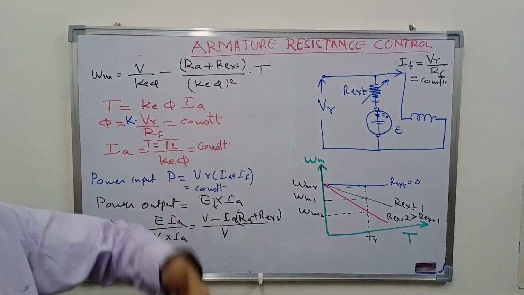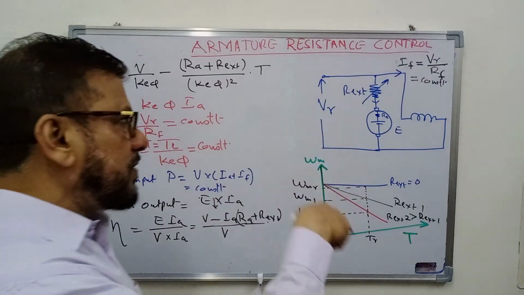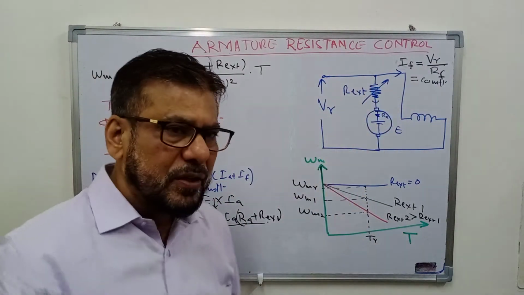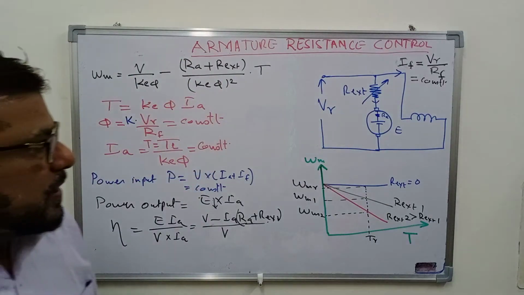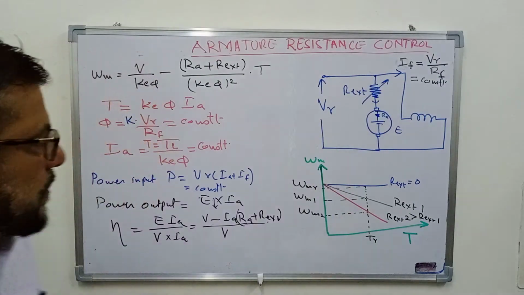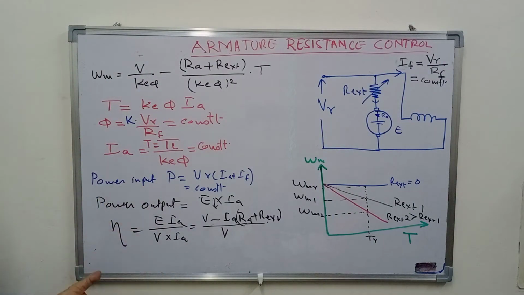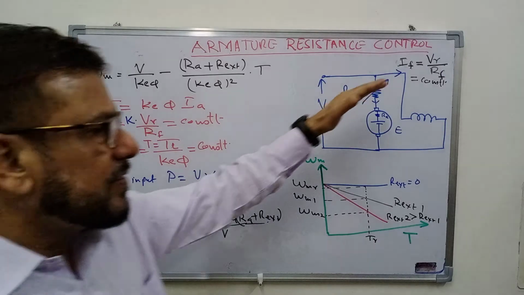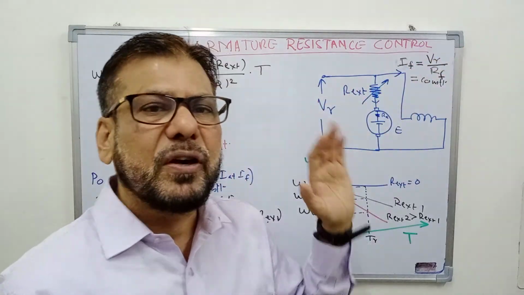Motor has to produce that torque. So the torque is constant, so the current will also remain constant, whatever be the external resistance in this armature circuit. So how is it happening? We are increasing the resistance, but still current remains constant.